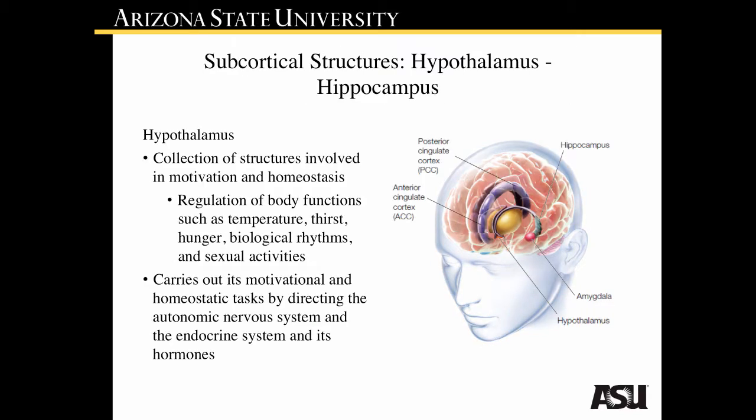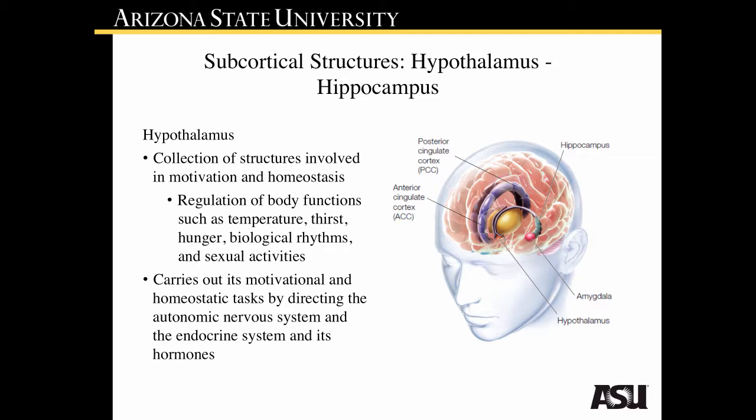Additional subcortical structures exist. There's the hypothalamus and the hippocampus. So you can see those here. Here's the hippocampus, and here is the hypothalamus. The hypothalamus in particular is several structures involved in both motivation and homeostasis. That is, keeping ourselves on an even keel when it comes to temperature and staying hydrated and things like that.